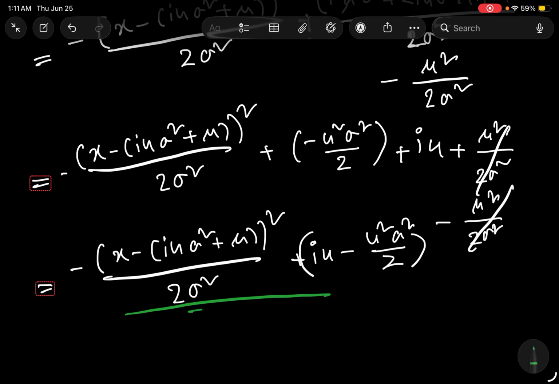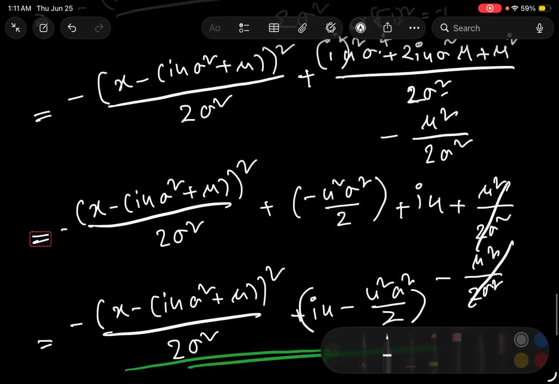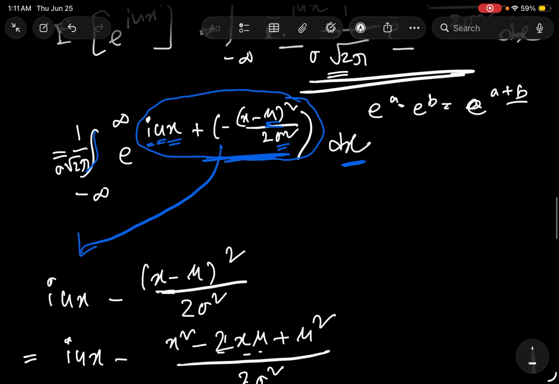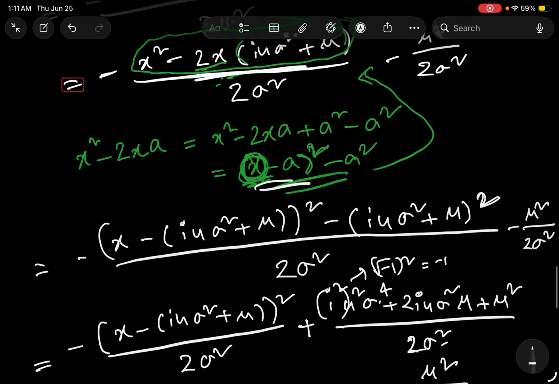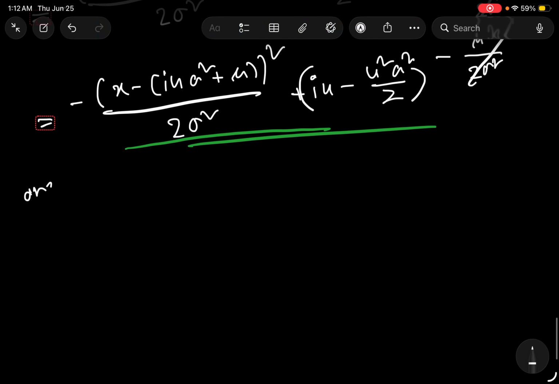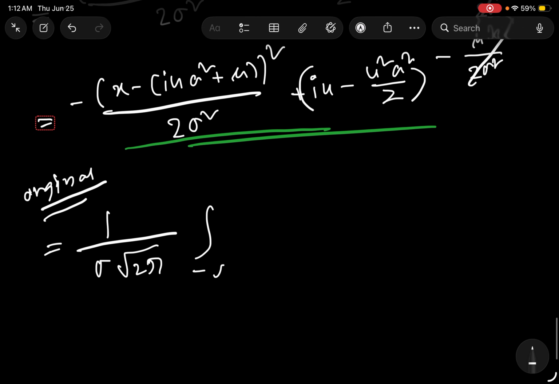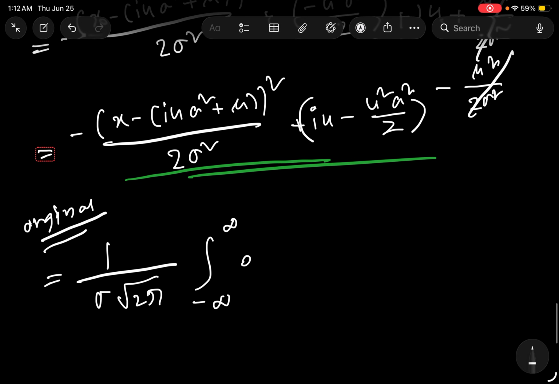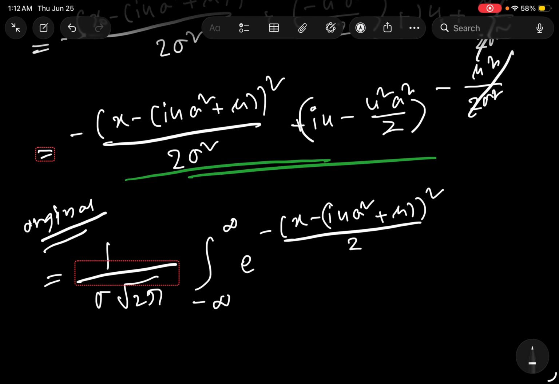We can use this in our original value that we have. We wanted to simplify this. Let's go back there. So originally, we had 1 by sigma root 2 pi, integral from minus infinity to plus infinity, and then inside the integral we will have (x minus i u sigma square plus mu) square over 2 sigma square.